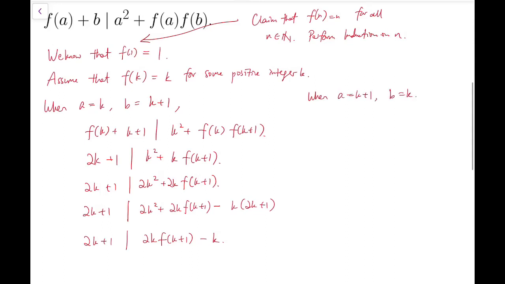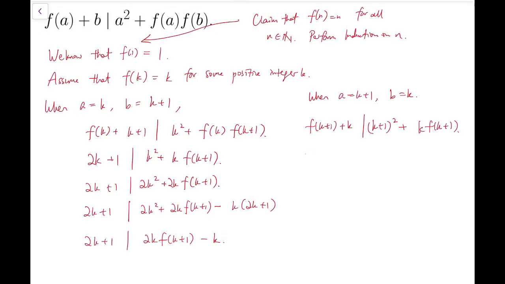And on the other hand, when a equals k plus 1 and b equals k, I can say that f of k plus 1 plus k divides k plus 1 whole squared plus k times f of k plus 1.